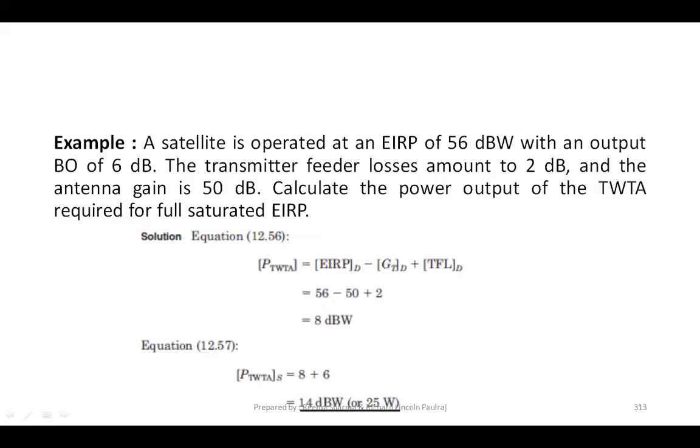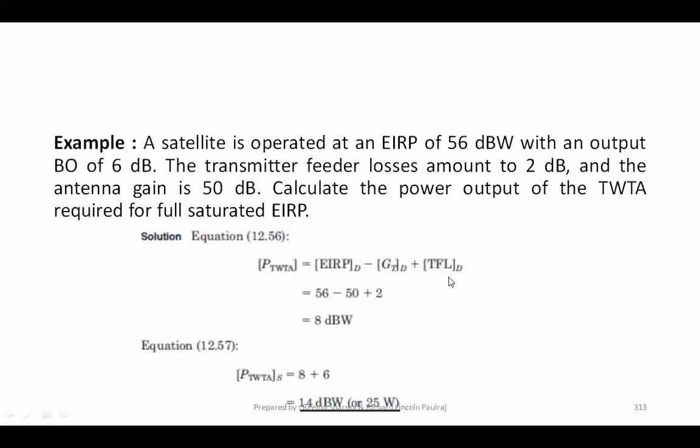More or less, the problems we see here are all with respect to substitution of values. For this example, the EIRP value is directly given, you don't have to calculate it, and your gain is also directly given, which is about 50 dB. You just substitute.